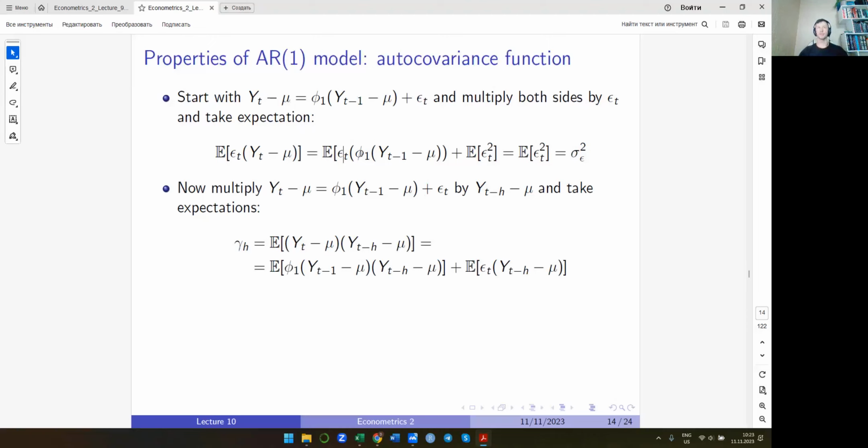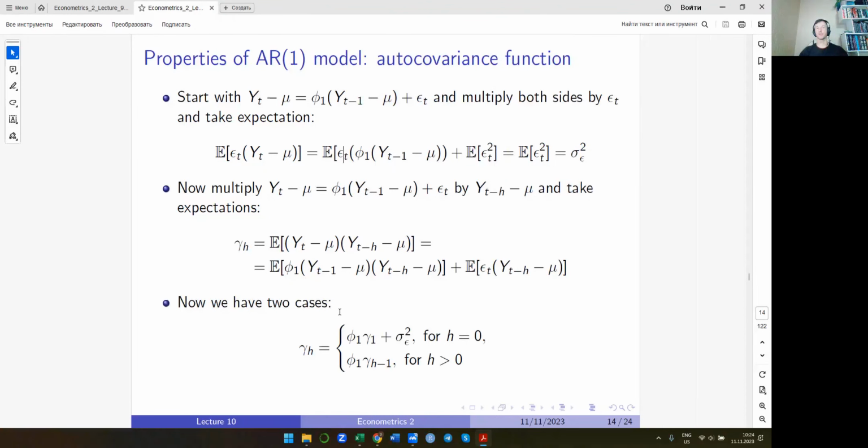On the right hand side, we have phi 1 times yt minus 1 minus mu plus epsilon t, multiplied by yt minus h minus mu. But the expectation of yt minus h minus mu times epsilon t is 0, right? This part is going to be 0.